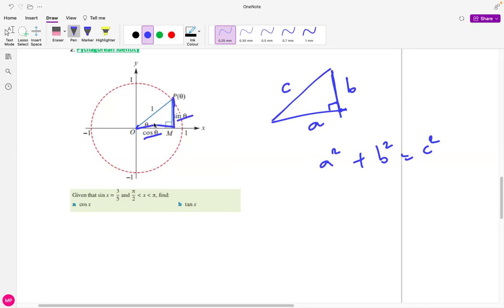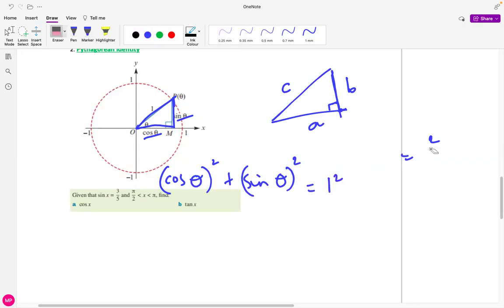This is sine theta. And because the radius equals 1, that distance equals 1. If you apply this formula, A is cos theta, B is sine theta, and C equals 1 for the hypotenuse. So I would have cos theta squared, that's A squared, plus sine theta squared equals 1 squared, right? And 1 squared is just 1.